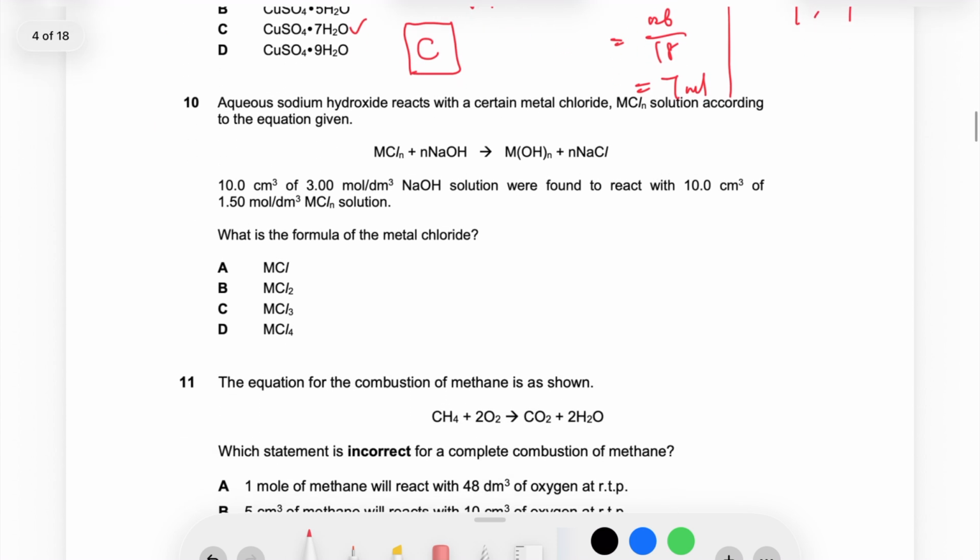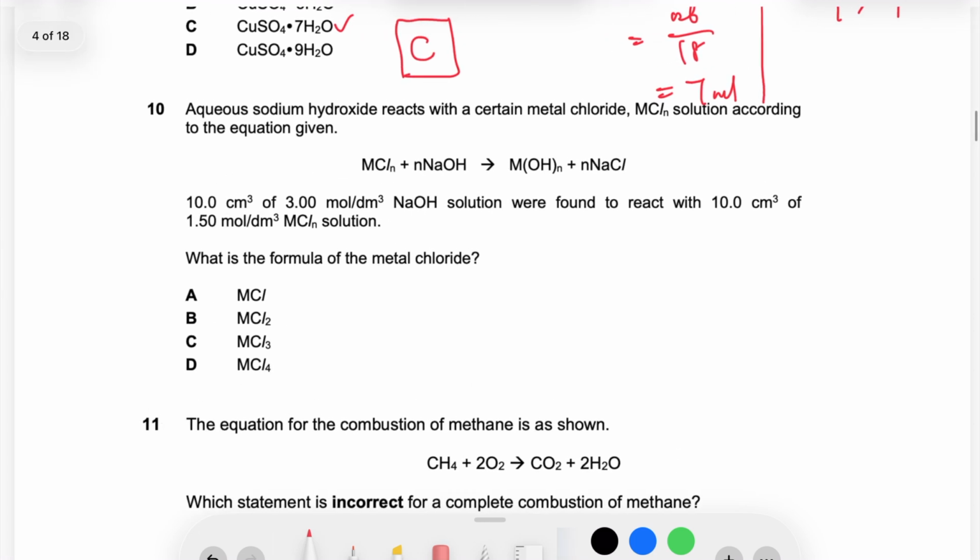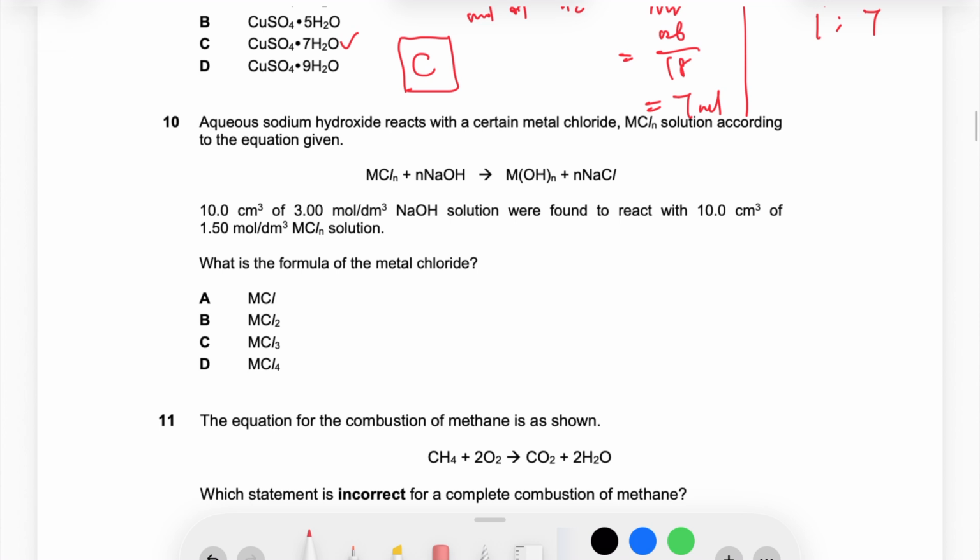Another mole concept, question 10. You have sodium hydroxide reacting with MCln. You have the equation, and the mole ratio you will know because you have a missing n here. So 10 cm cube of 3 mol per dm cube of NaOH reacts with 10 cm cube of 1.5 mol per dm cube of MCln.